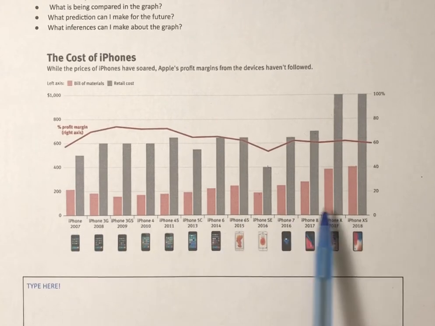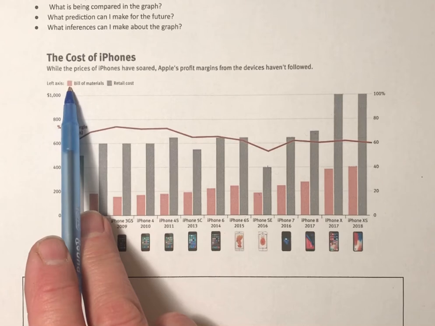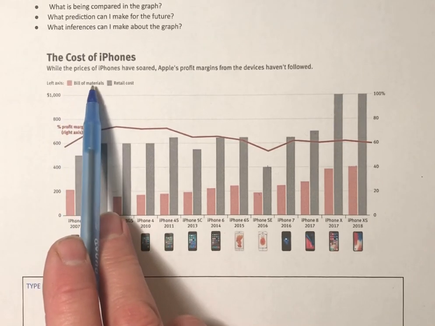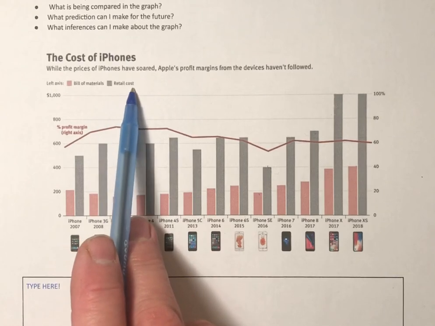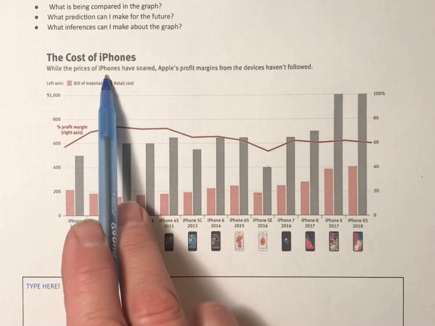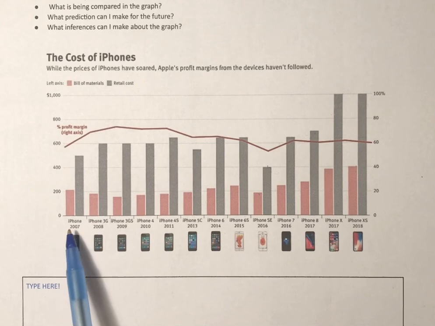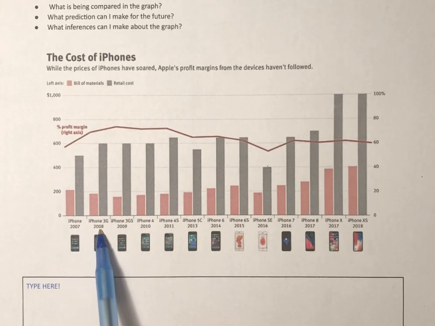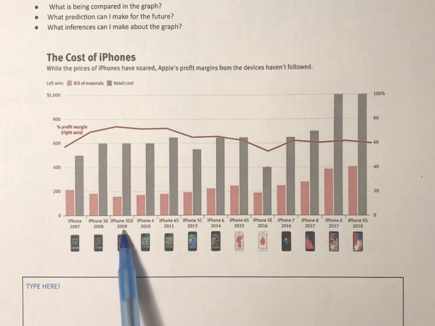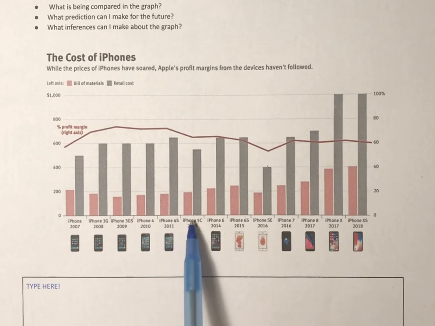First of all, it's color-coded, and you can see that this pink here is the bill of materials, and the gray is the retail cost, and these are associated with iPhones. Now, as you move through these years, you see 2007, 2008, 2009, and so that is marking the years, and then these are the models of the phones.